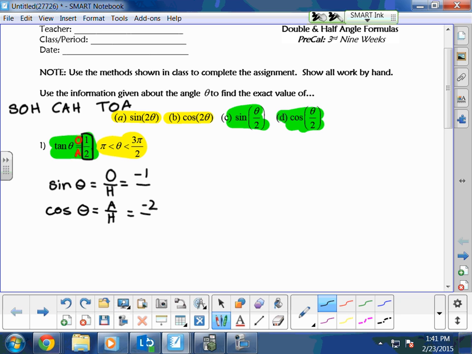Now, you might be asking, Sandoval, hold on, wait a second. These are positives. How is it that you know they're negative? Well, that's because you need to draw the central angle to this. If you draw a unit circle, you'll find out that pi is here, and 3 pi divided by 2 is here, which means your triangle always starts from the origin and always goes to the horizontal line.